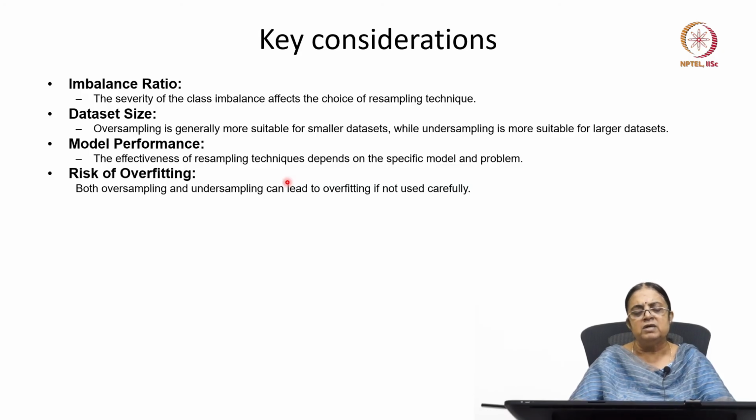And if you do undersampling also, it can lead to overfitting, because you may be removing some useful information that you have. So these are the considerations which need to be taken into account.